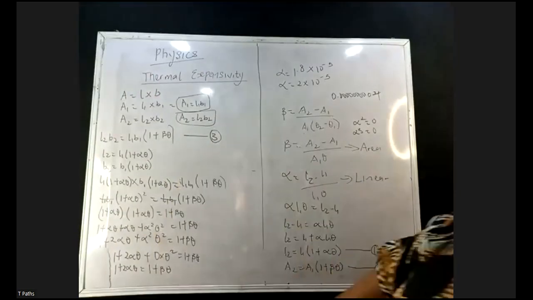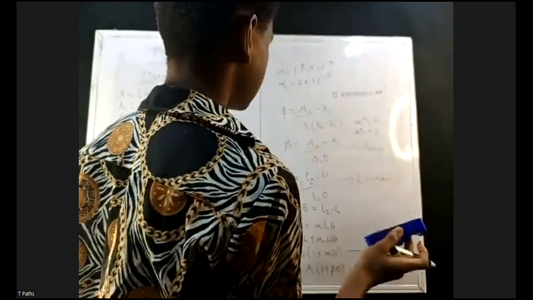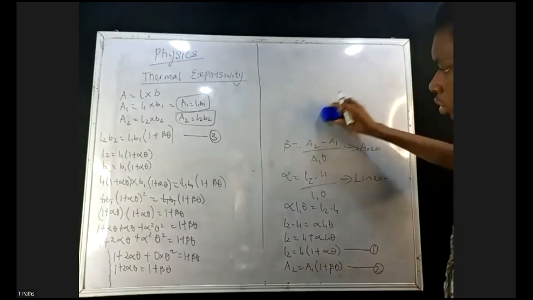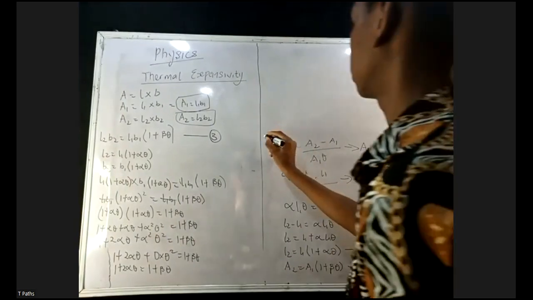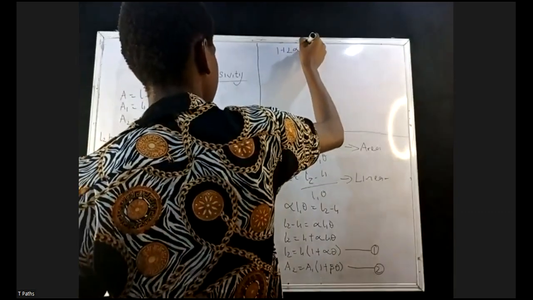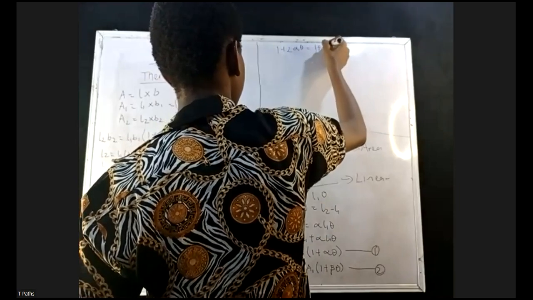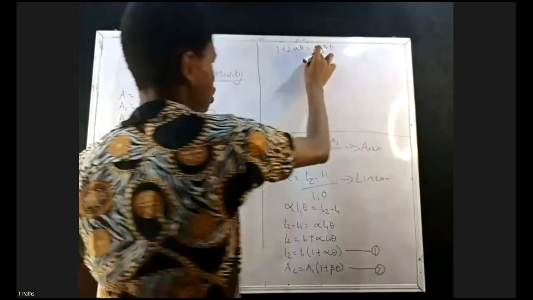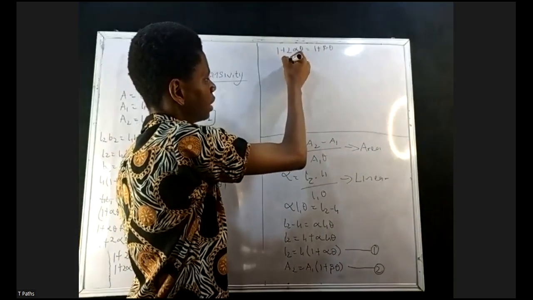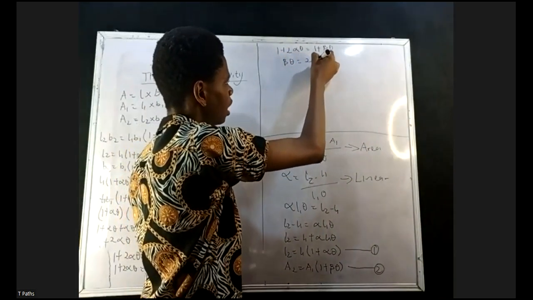All right, I'll simply continue from here. I have 1 plus 2 alpha theta is equal to 1 plus beta theta. So here I can subtract 1 from both sides, and then I'll have beta theta is equal to 2 alpha theta.